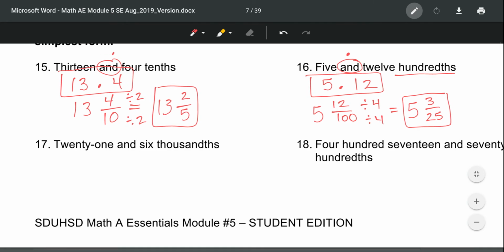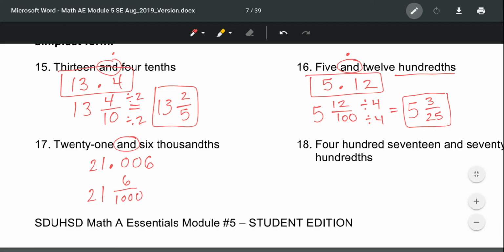Okay, number 17, 21 and 6 thousandths. So 21, and means your decimal point. 6 thousandths, so you add 2 zeros before the 6. So as a fraction, this would be 21 and 6 out of 1,000.